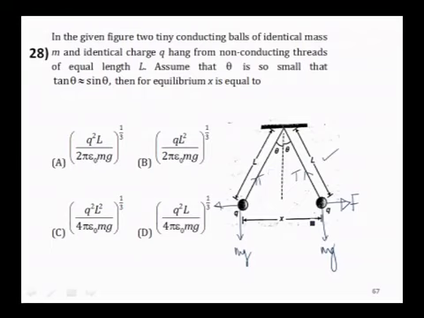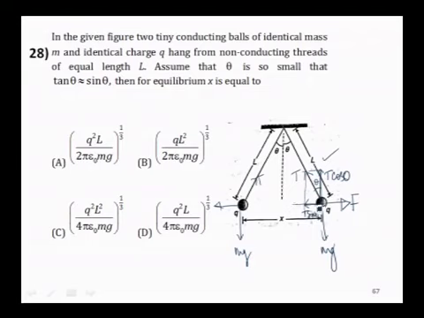Because they are in equilibrium, it is enough to consider any one of them. So, when you resolve this T, this is theta, this becomes the adjacent component, so it is cos theta, and this is the component opposite to theta, so it should be sin theta.